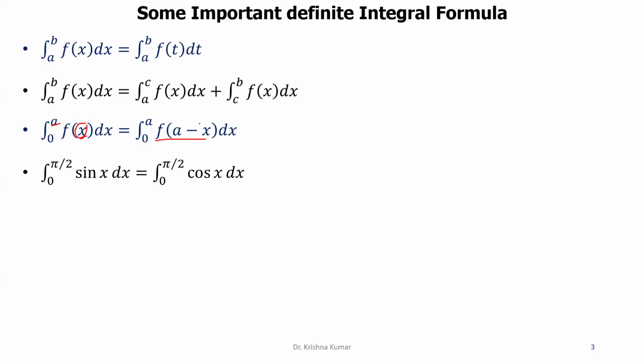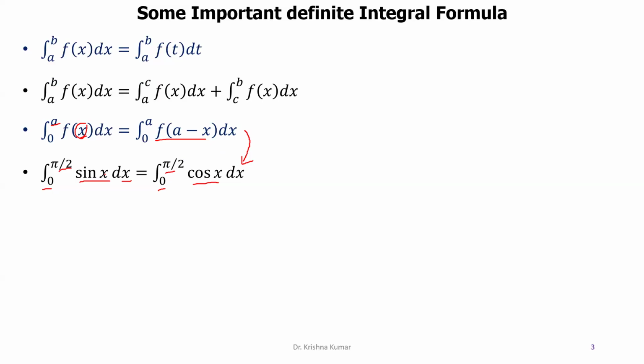The next formula is integration of sine x under the limit 0 to pi by 2 with respect to x, which is equal to integration of cosine x under the limit 0 to pi by 2. This is the direct use of the previous formula.